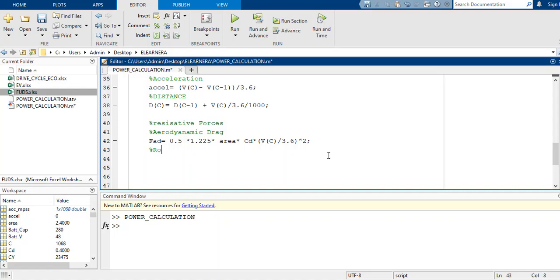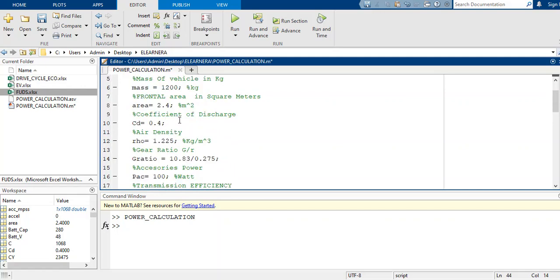Then rolling resistance. For that rolling resistance we are assuming it as FRR, that is 0.02. We have already mentioned it here.